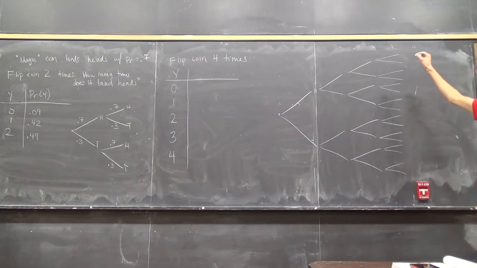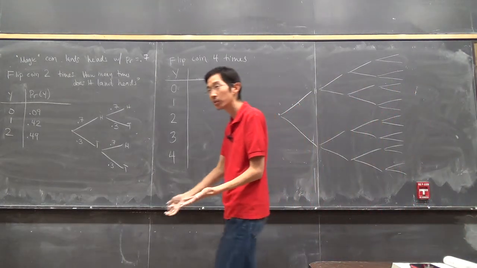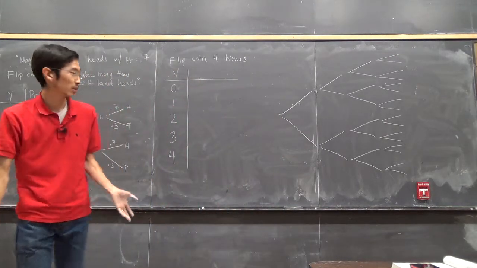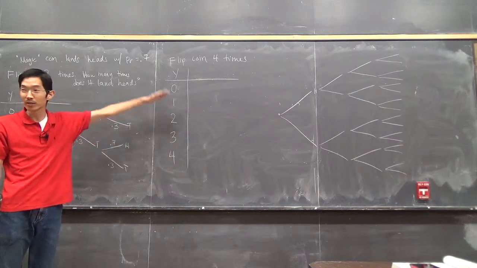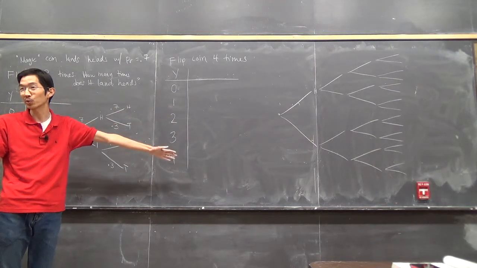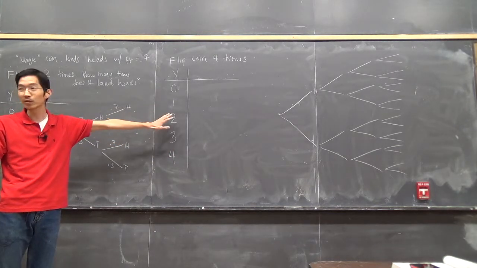And if we count these up, there's a total of 16 different individual sequences that I would have to figure out. And then I would have to combine them into one of these 5 total numbers of heads. And so we want to kind of avoid this, all right?